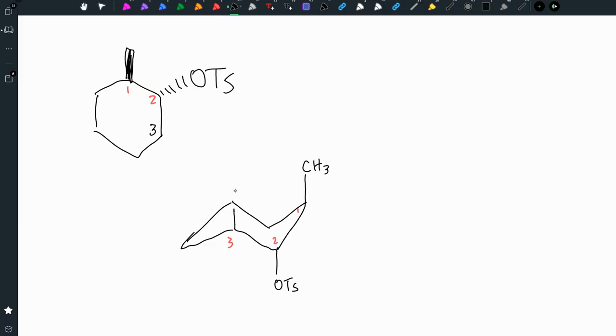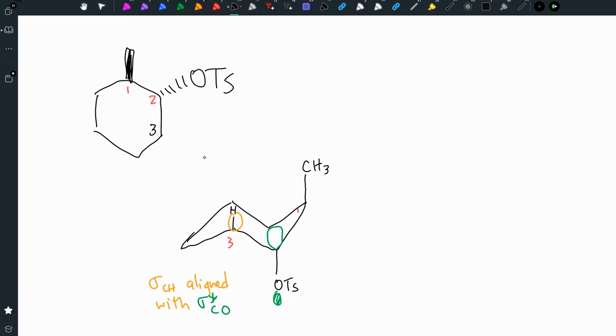This hydrogen here, notice, is across from the OTs group. Because I need sigma star CO to be lined up with sigma CH, so that the electrons can go from sigma CH to sigma star CO.